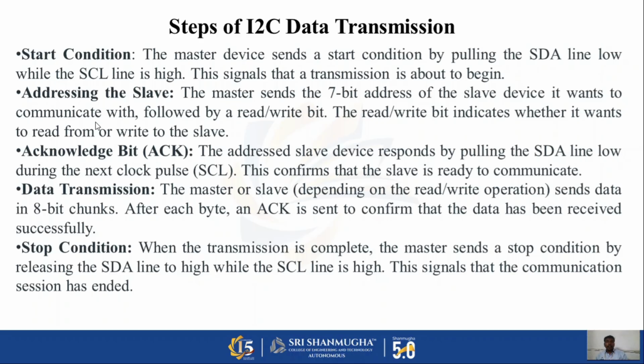Along with the address, it also sends a read or write bit. After receiving the address, the slave checks whether the address matches its own. If the address matches, the slave sends an acknowledge signal. This acknowledge signal tells the master that the slave is ready for communication.